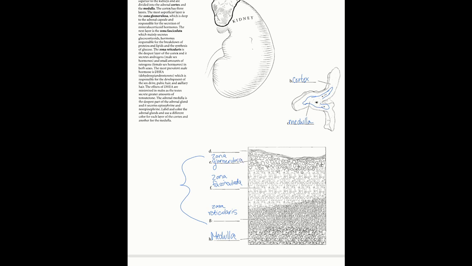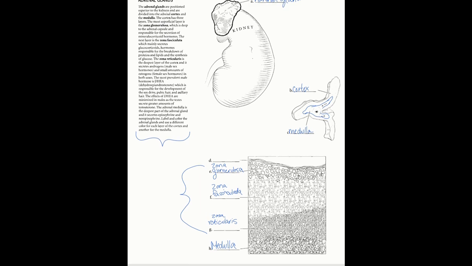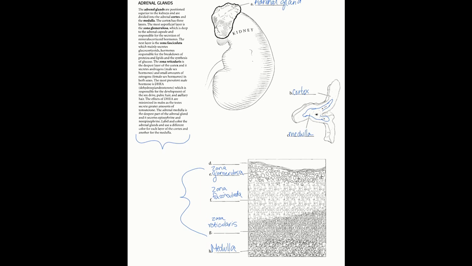Now what I would like you to do, instead of me going over each layer, is to utilize this reading here. By the way, if you haven't been using these, I highly recommend you do. They're great little summaries that go along with these diagrams. Using this reading, I want you to go through and pull out the functions of each of these zonas that make up the cortex.